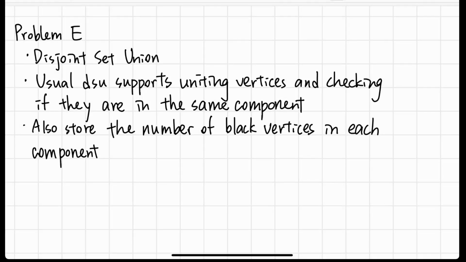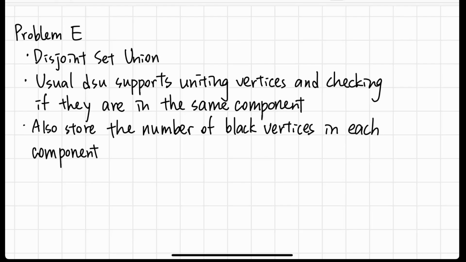This problem resembles a disjoint set union problem because it involves connecting the edges and also checking whether some vertex is reachable from another, which is what a usual DSU supports, because a usual DSU supports uniting vertices and checking if they're in the same component.